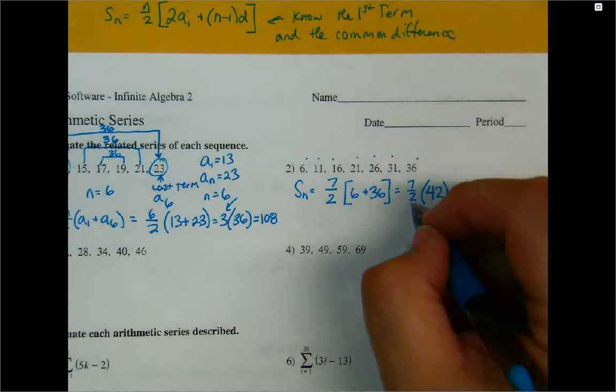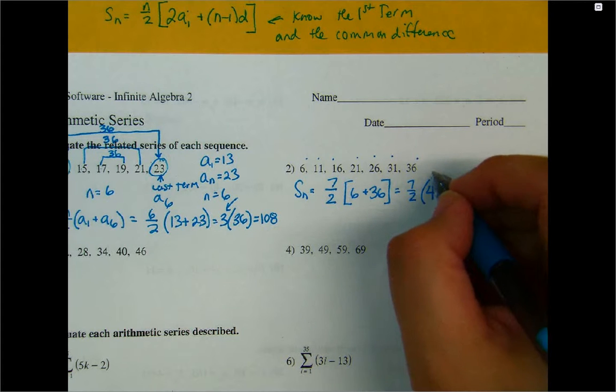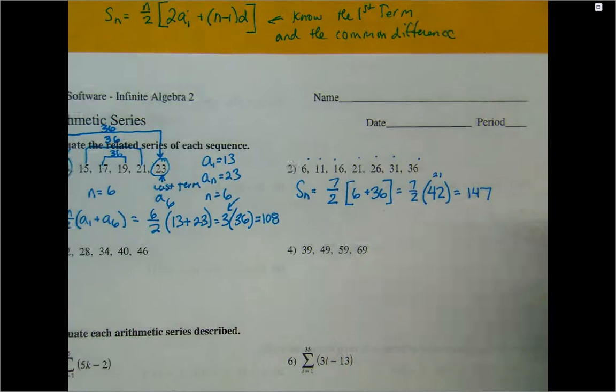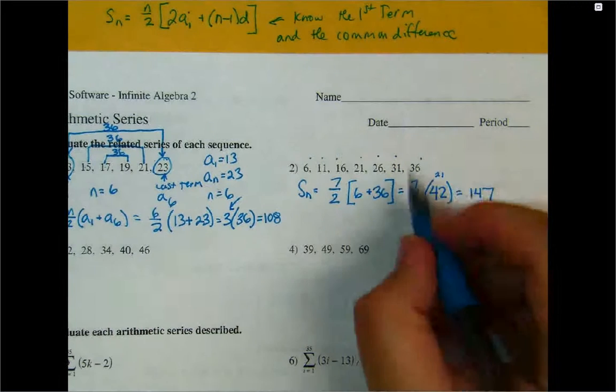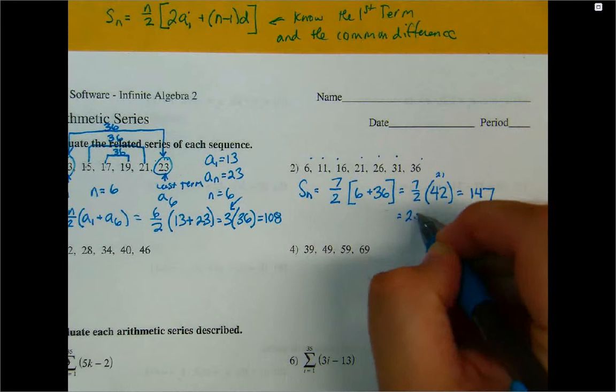That would, 2 divides into 42, you get a 21 times 7, that would be 147. Well, it would have been 2.5 times 42. That's what it would have ended up being.